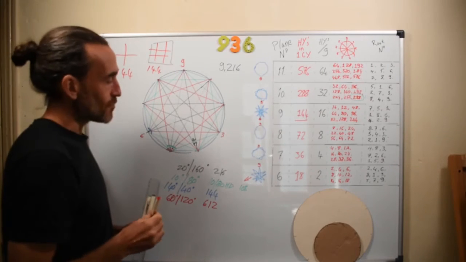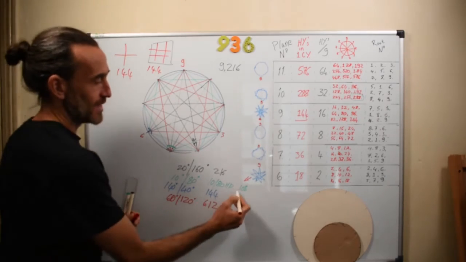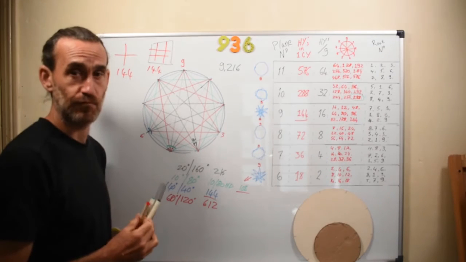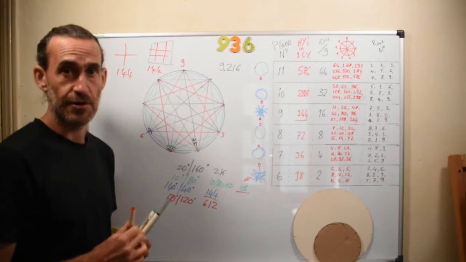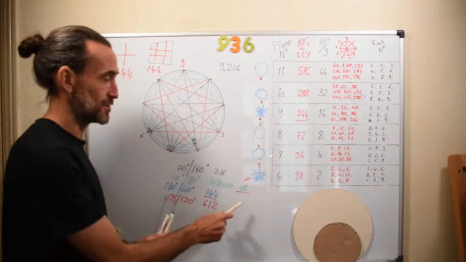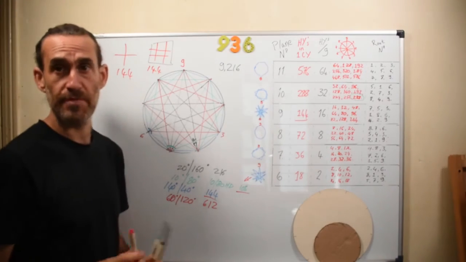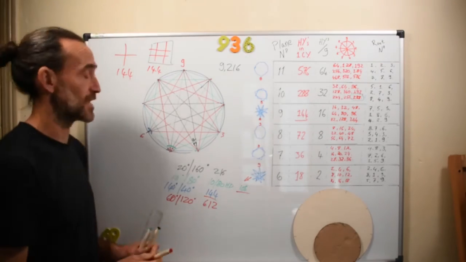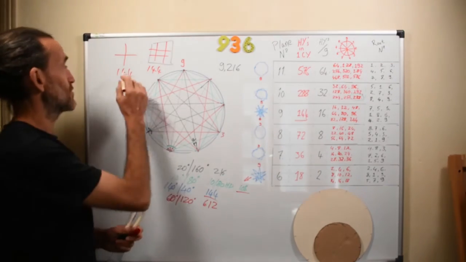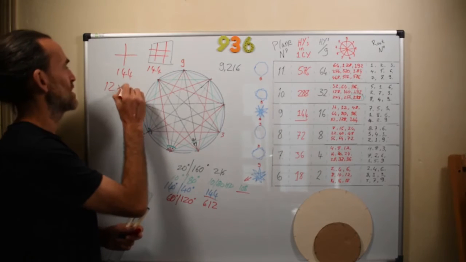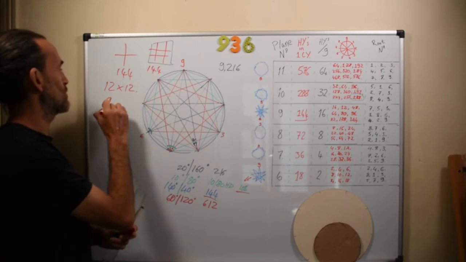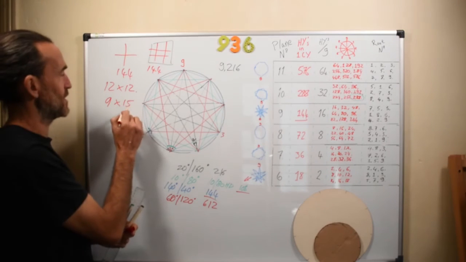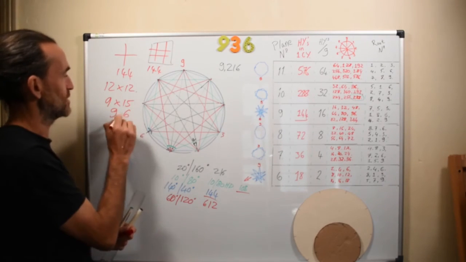Also 108, 144, these are numbers that come up in so many spiritual teachings. The number of beads on a mala is generally 108. The number of beads on a rosary is generally 108. 144 is 12 times 12. It's also 9 times 15. 1 plus 5 equals 6. So that's 9 and 6.